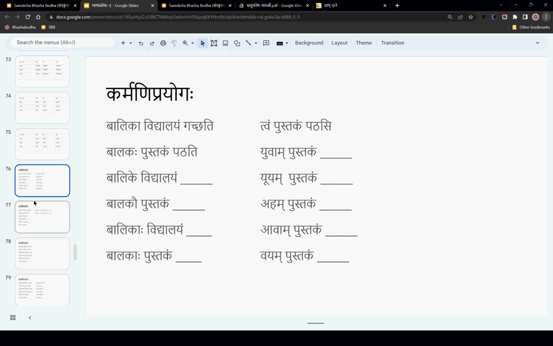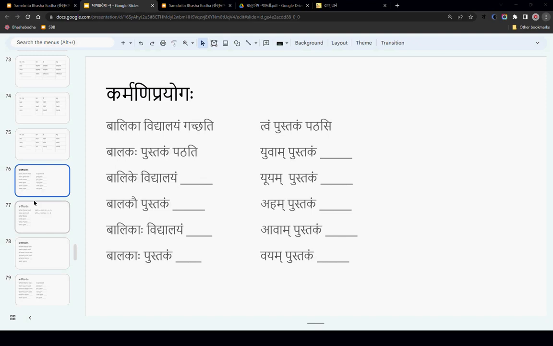Such prayogas have to be in Sanskritam also, right? And they are called karmani prayoga. The normal ones we have been studying so far, like balika vidyalayam gacchati, aham khadami, are kartari prayoga. Kartari and karmani are the two types of prayoga, or usages.